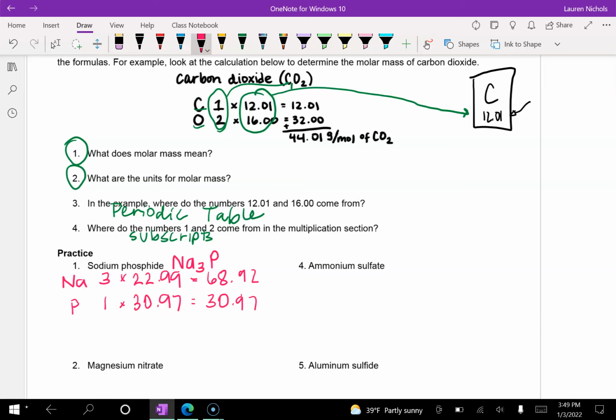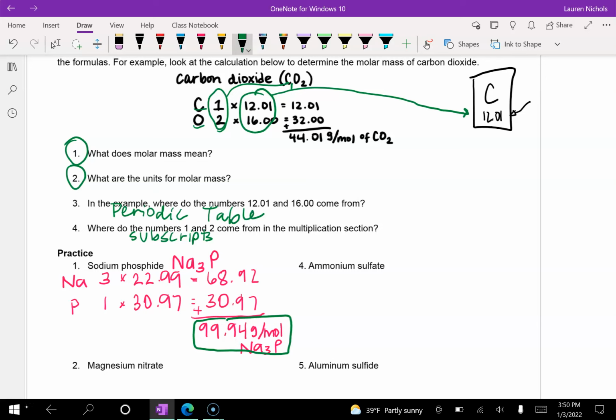And because this is not two individual elements, this is one compound that we're trying to figure out the mass, we will combine them by adding them together. And when we add these two values together, we should get 99.94. Our unit is grams per mole, and we put our chemical formula with it. So our answer always has to have a number, a unit, and a chemical. So 99.94 grams per mole of Na3P.